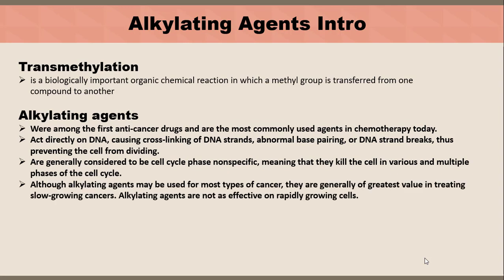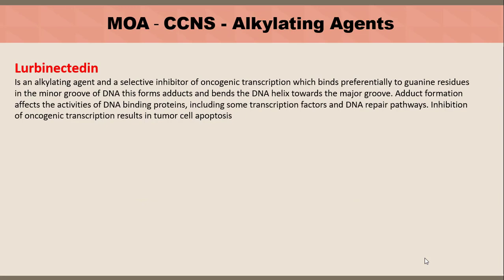Although alkylating agents may be used for most types of cancer, they are generally of greatest value in treating slow-growing cancers. Alkylating agents are not as effective on rapidly growing cells. Lurbinectedin is an alkylating agent and a selective inhibitor of oncogenic transcription, which binds preferentially to guanine residues in the minor groove of DNA.